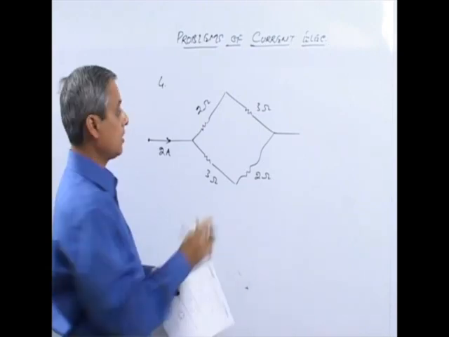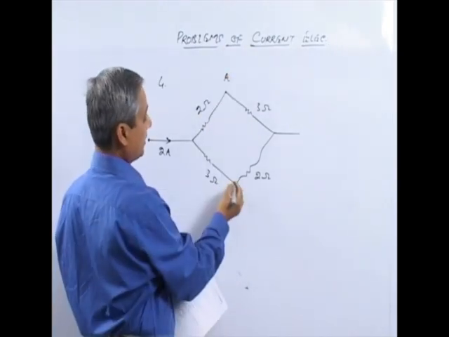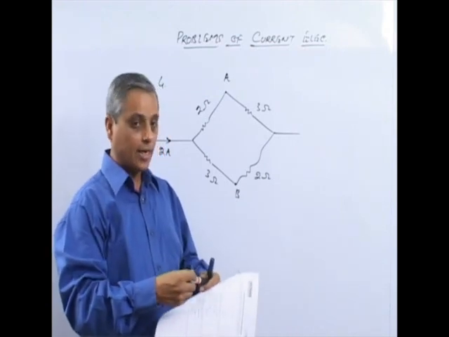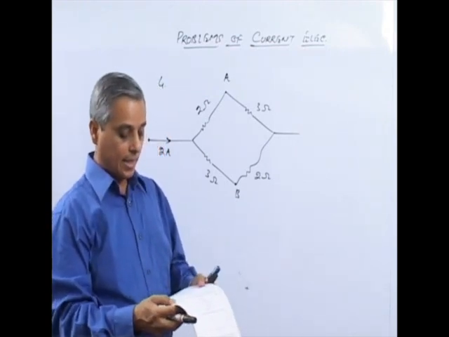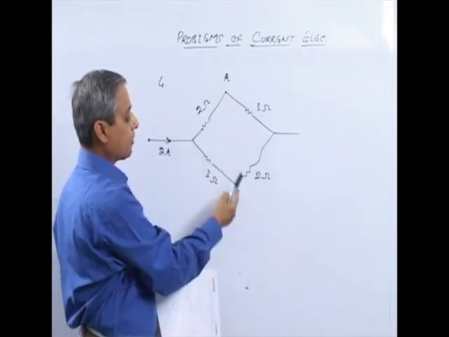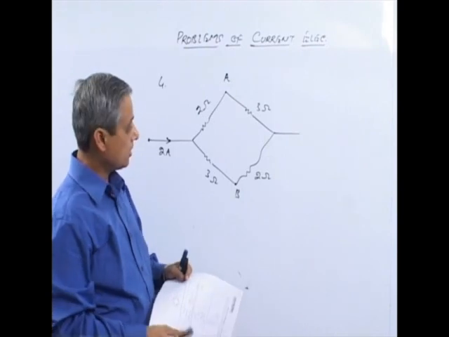Now the upper point is point A, lower point is point B, and the question says a current of 2 ampere flows in a system of conductors shown in figure. The potential difference Va minus Vb has to be found out.